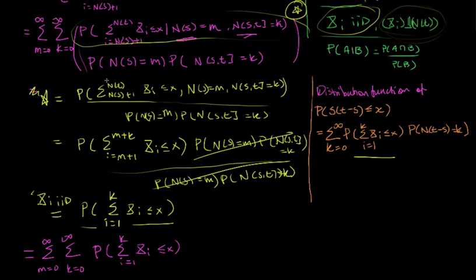And then we multiply by the probability that N(s) is equal to n, and the probability that N(s,t) is equal to k.